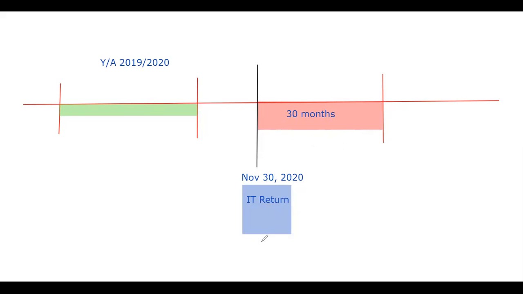I will draw this one in red color. During this period, IRD can issue an assessment. After this, when is the last date? 30 months.